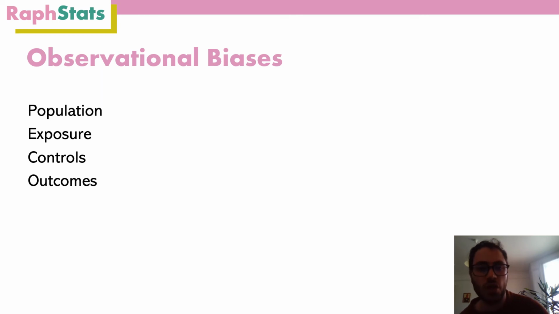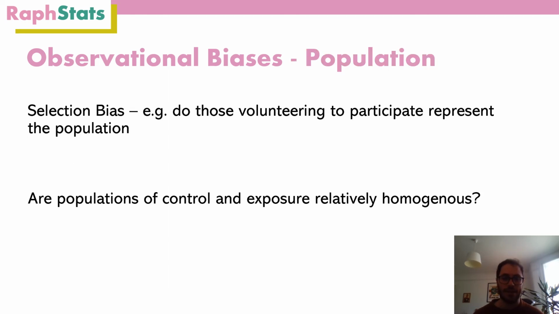So, observational study biases. We're going to think a little bit more about population, exposure, controls, and outcome, PICO, as a way of examining this. So what are the biases in the population? Well, again, those who are volunteering may not represent the wider population.